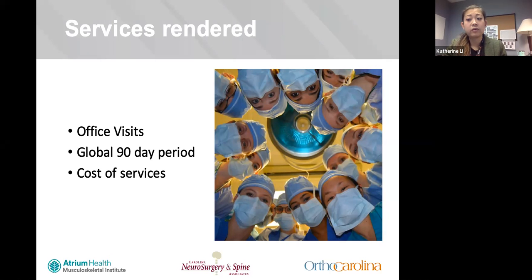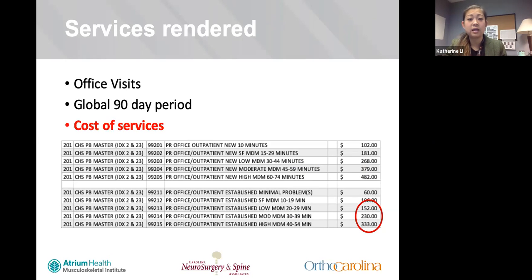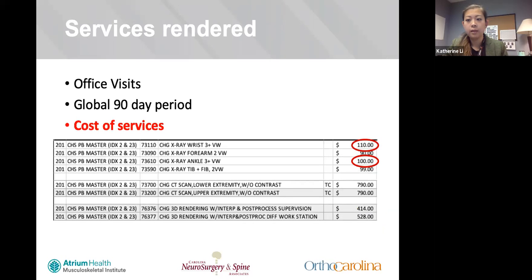So what that looks like for our patients is that after their 90-day global period runs out, here's the billing for an established patient out of the global period for Atrium before insurance or sliding scale adjustments. As circled here are level 3, level 4, and level 5 established patients. Here are what an x-ray costs before adjustments for insurance or sliding scale.